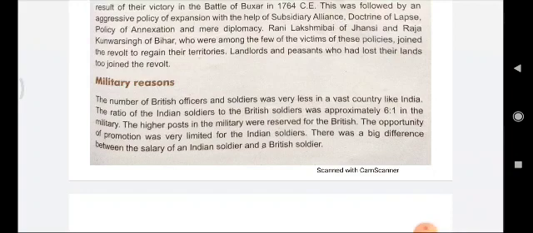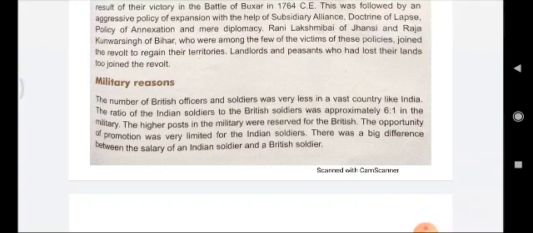The higher posts in the military were reserved for the British. So here the British also started being biased in the military. They used to elect six members of British, whereas one member of Indian soldiers. That means the higher position was always given to the British.